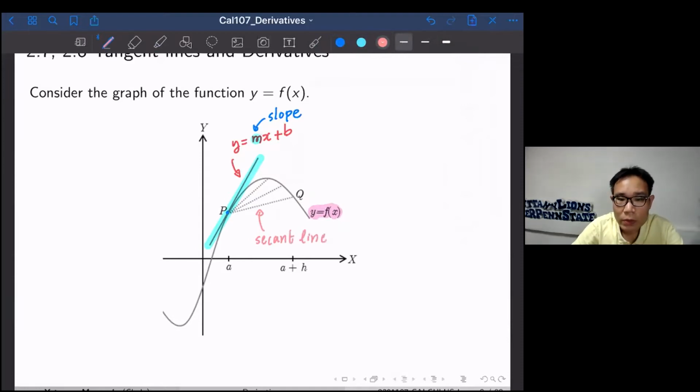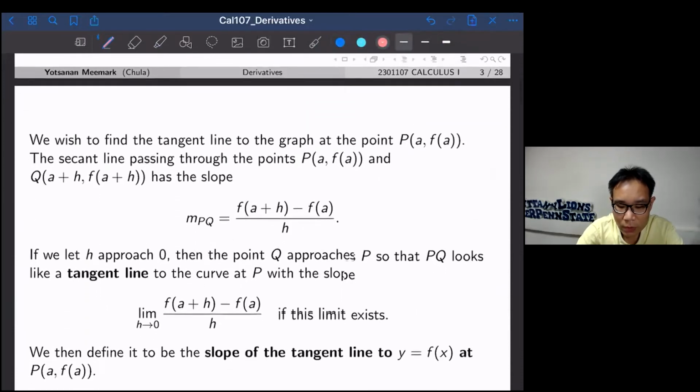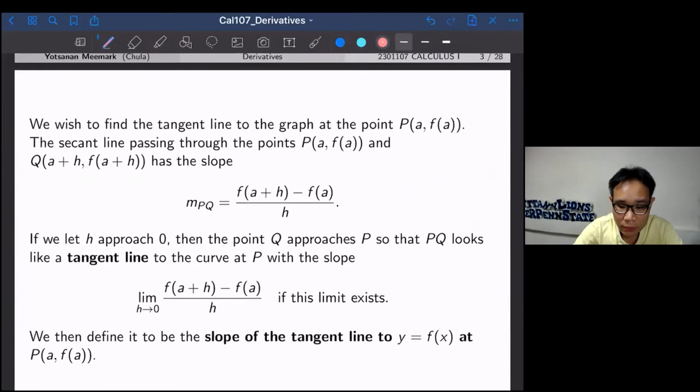You'll be able to find the slope of this secant line. The slope of the secant line m_PQ equals f(a+h) minus f(a) over h, that we have seen before. And the tangent line will be about the limit as h goes to 0.